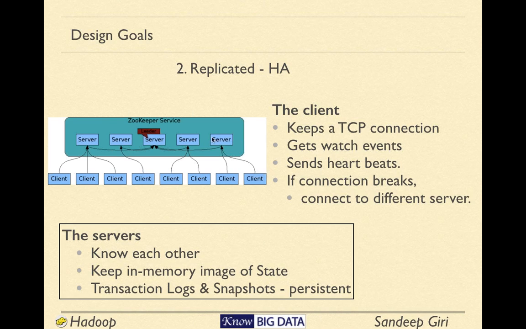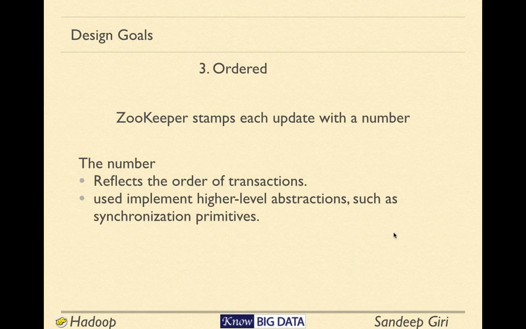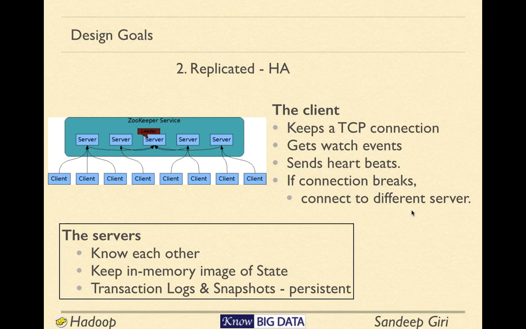So this is how Zookeeper looks like. All the clients have one TCP connection to the servers, and the clients keep sending heartbeats to the server telling that the client is alive. And if the client does not give heartbeats to the servers, the server thinks that the client has got disconnected, right? And yeah, clients are really smart in this case.